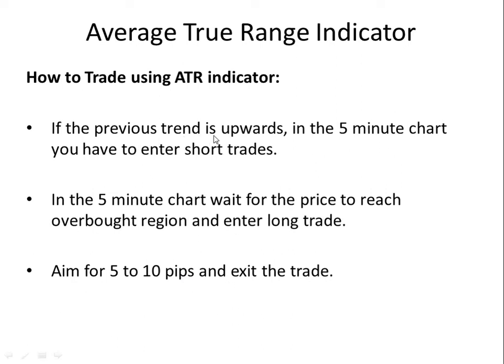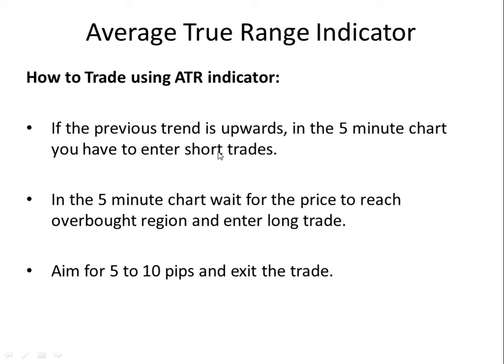Similarly, if the previous trend is upwards, then in the 5 minutes chart, enter short trades. Wait for the price to reach the overbought region and enter a long, sorry, it's not a long trade, it's a short trade.